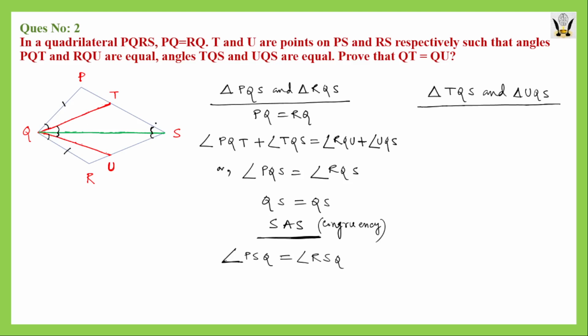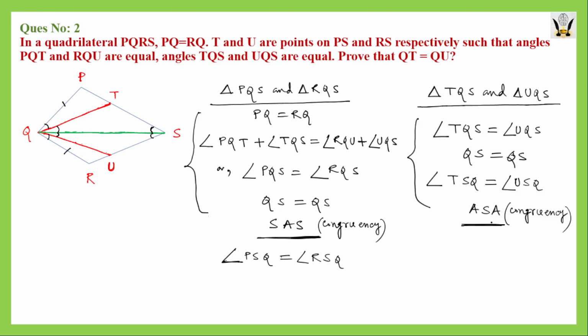Then this side QS is the common side, and also this angle TSQ is equal to USQ, so that we have already proved. So here we have angle, side, angle congruency between these two triangles. Now since these two triangles are congruent, we can easily conclude that QT will be equal to QU, and that's what we were supposed to prove.